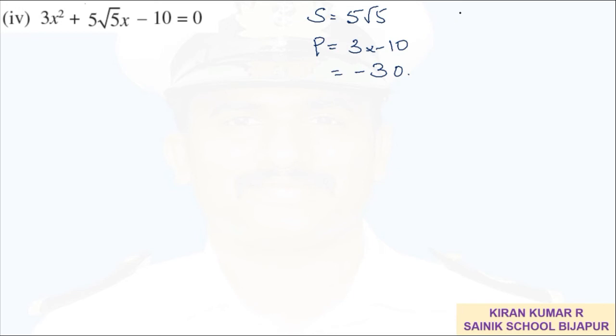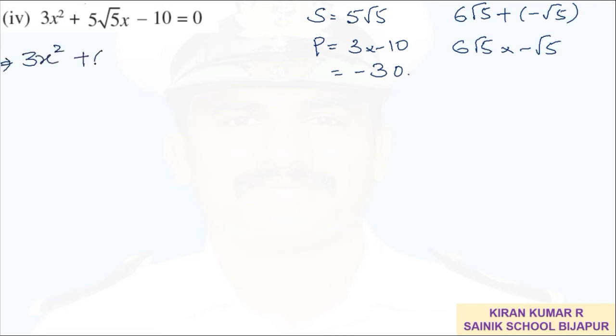So if you take 6 root 5 added to negative root 5, the sum becomes 5 root 5. If you multiply this, we get negative 30. So the middle term, I can split it as positive 6 root 5x negative root 5x minus 10 equal to 0.